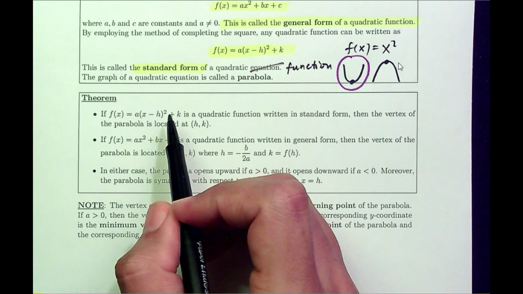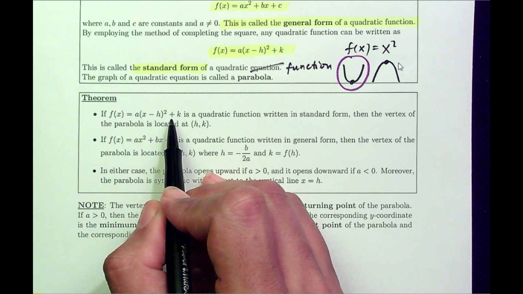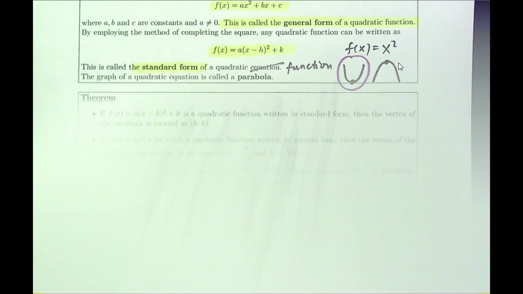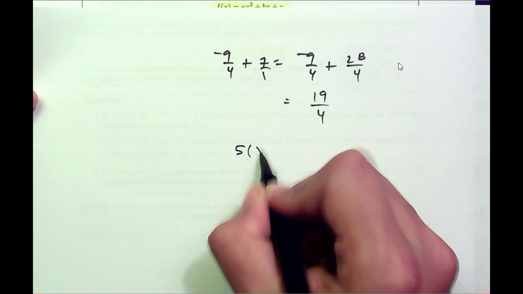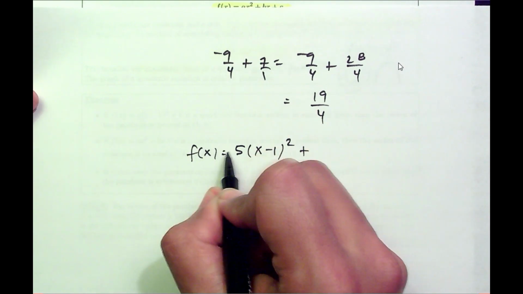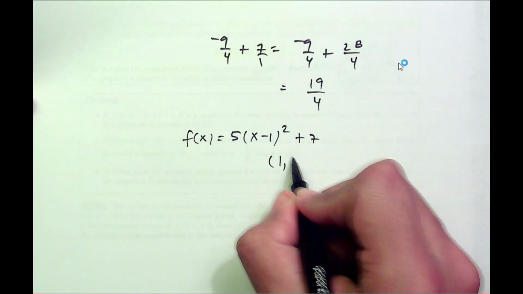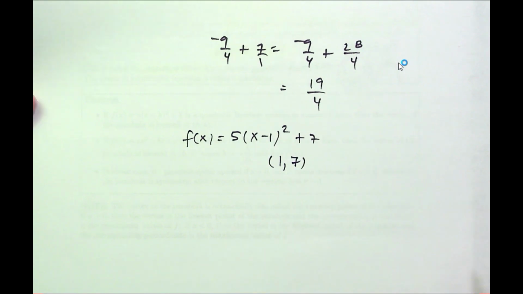The coordinates of that vertex are h and k. So for example, if you had 5 times (x minus 1) squared plus 7, then I know right away, basically for free, that (1, 7) are the coordinates of the vertex of that parabola.